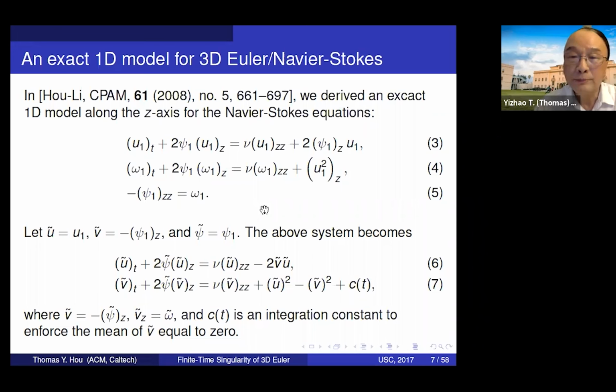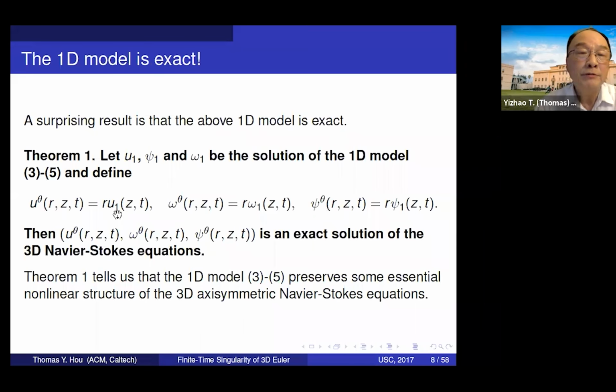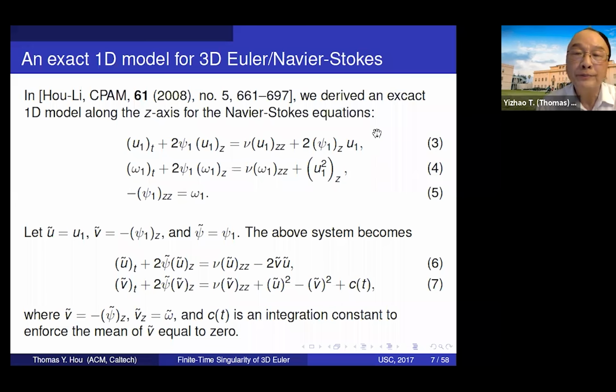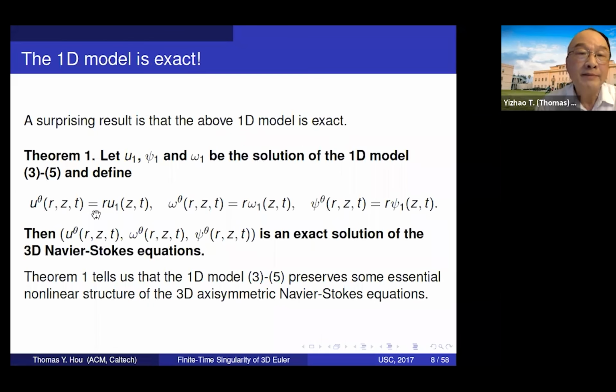More surprisingly, because we define u1 to be u theta divided by r, omega1 is omega theta divided by r, if we assume u1, omega1, psi1 are the exact solution of this 1D model, to our surprise when you multiply by r, you can reconstruct the three-dimensional angular velocity, angular vorticity, angular stream function. They are the exact solution of the 3D Navier-Stokes equation.